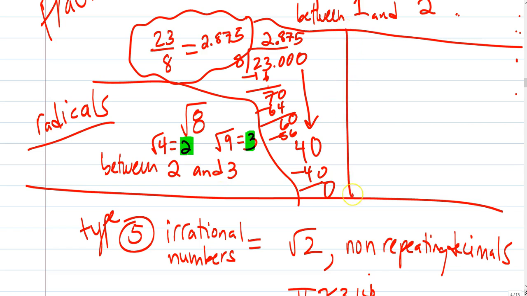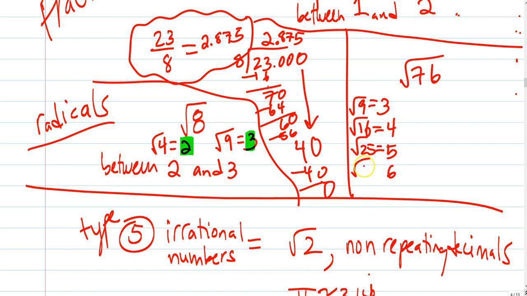What was the other example that we had for radicals? I think it was the square root of 76. Well, what is that between? We're already at the square root of 9, that's not high enough. What's the next number? 4 is the square root of 16, still not high enough. But 5 is the square root of 25, 6 is the square root of 36, still not quite to the square root of 76. 7 is the square root of 49, 8 is the square root of 64.